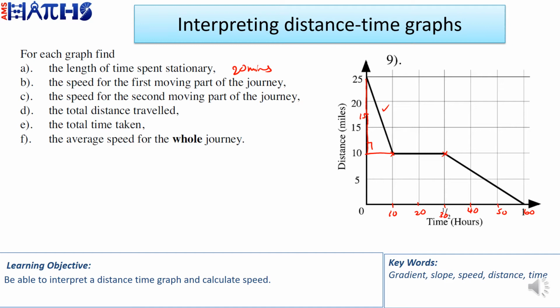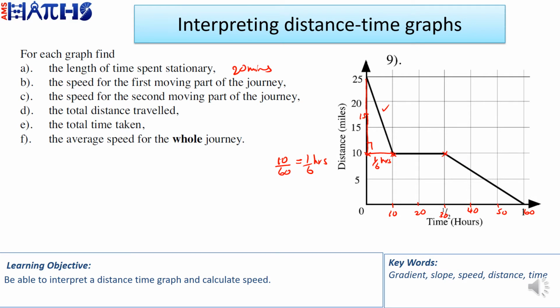However, we need to calculate the speed in terms of hours, miles per hour. So we need to convert 10 minutes, because that's 10 minutes from this point to this point. 10 minutes in terms of hours is just as a fraction 10 out of 60, which is 1/6 of an hour. So we have 1/6 of an hour for the base of our right angle triangle.